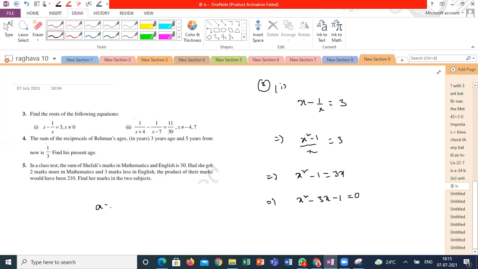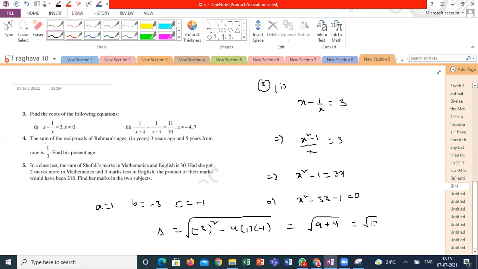So where a is equal to 1, b is equal to minus 3, c is equal to minus 1. So what is the delta value? Minus 3 whole square minus 4 into 1 into minus 1. So 9 plus 4. Is the delta value root 13?